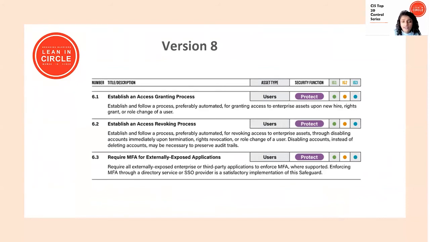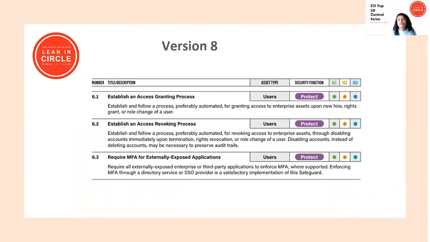Now, version 8 is talking about establish an access granting process. So again, it's protect related: establish and follow a process, preferably automated, for granting access to enterprise assets upon new hire, rights grant, and role change of a user.